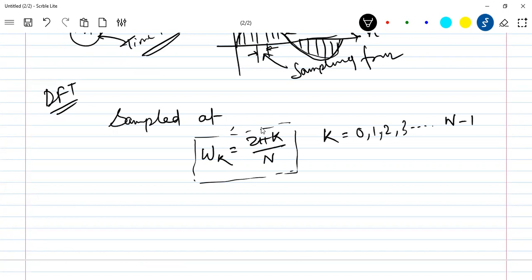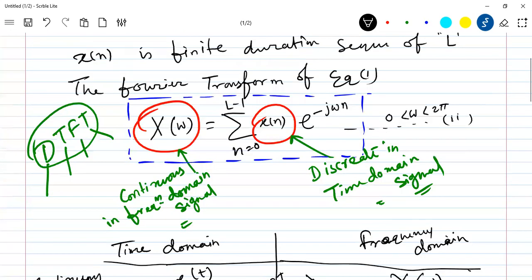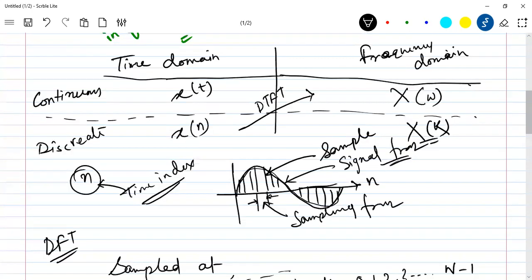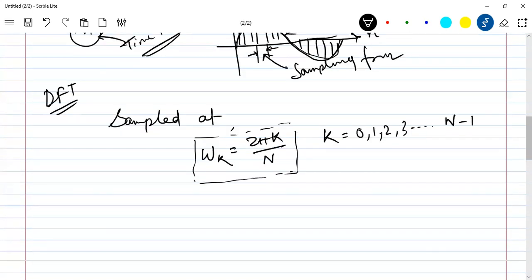We have sampled omega k equals 2 pi k by N. We are just sampling it. Omega k is the phase part, which varies from 0 to 2 pi. We just sample it in terms of 2 pi k by N.